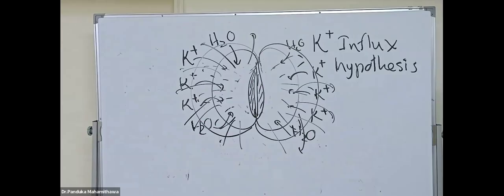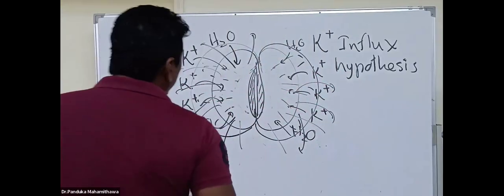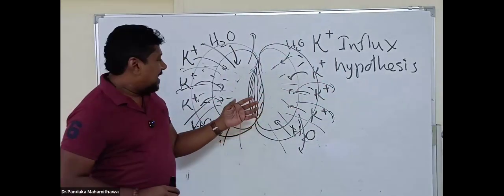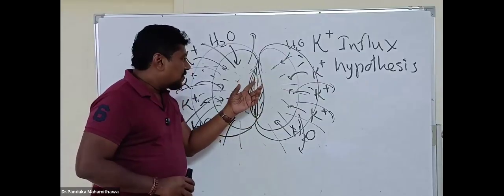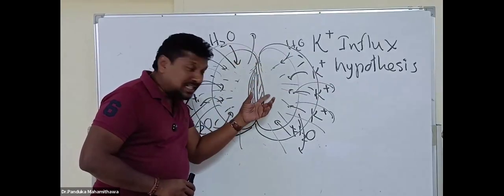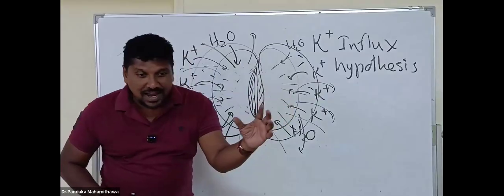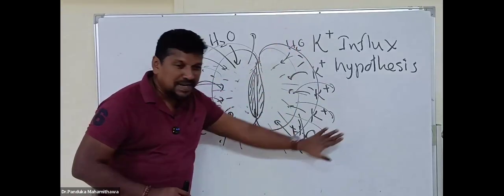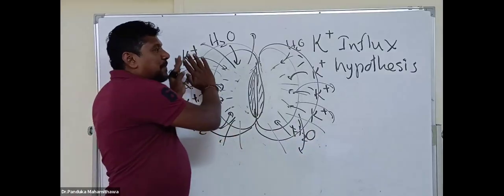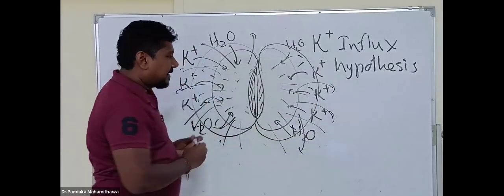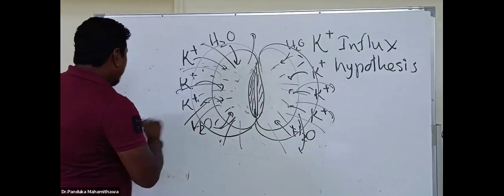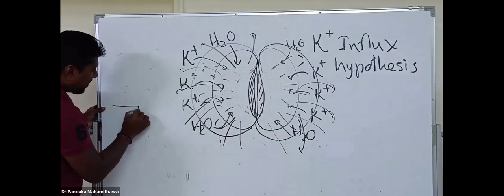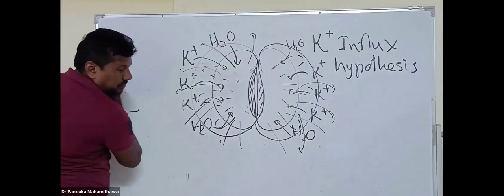No, no, no. Janani, that is not transpiration, right? Now, transpiration means water from inside mesophyll cells comes out to the atmosphere. This happens inside this epidermal cell layer. In the cross section, these are the guard cells.